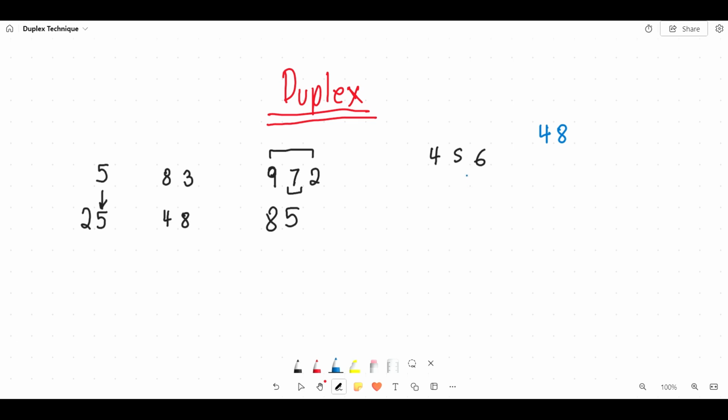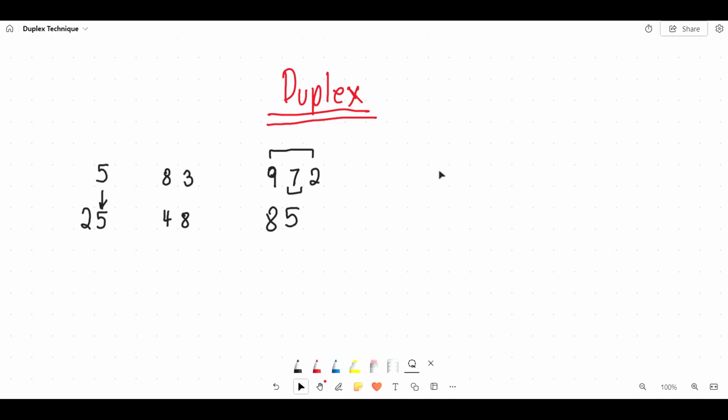And for the middle digit, which is 5, you square it, so you have 25. Now remember, you should add these two numbers to get the duplex, we have 73 here. So the duplex of 456 is 73. And that's how it goes for 3-digit numbers.